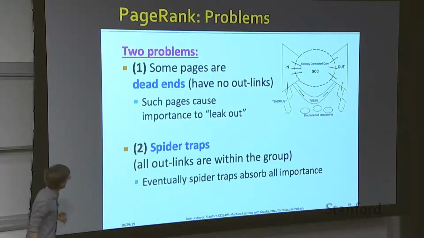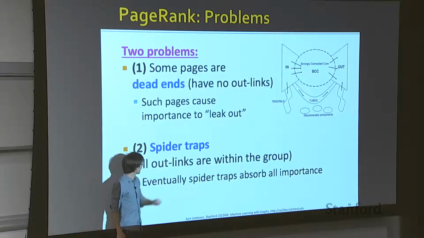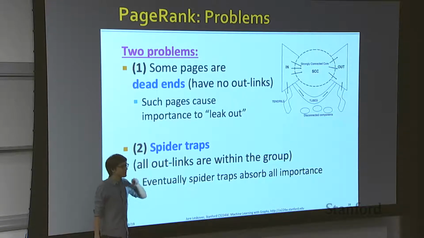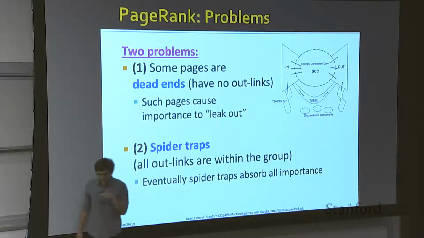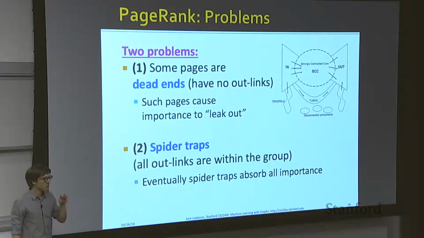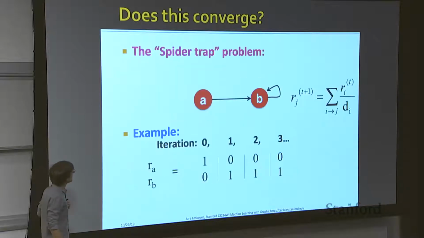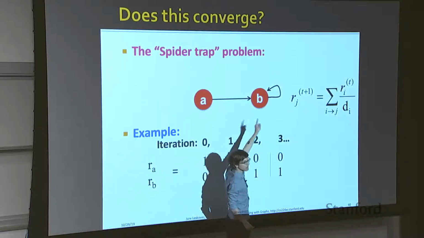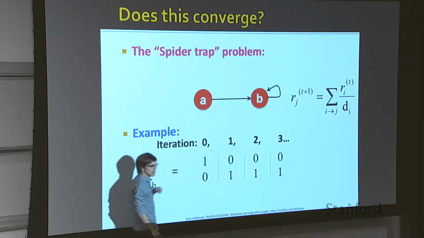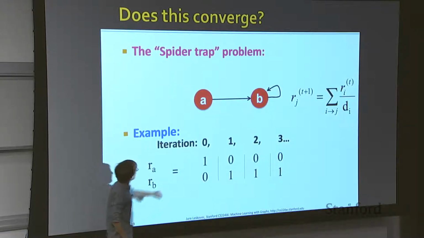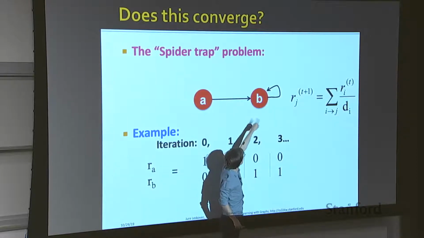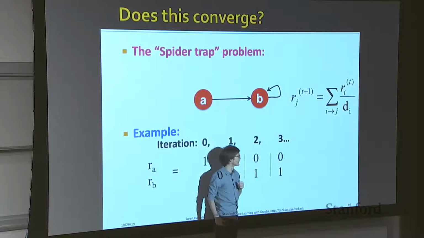There is another problem, which is called spider traps. These are basically cycles where the random walker gets trapped. This means that eventually the spider trap will absorb all importance. Let me give you an example. Here is a spider trap problem. Imagine I have this graph where there is a self loop in B. A random surfer starts somewhere, but as soon as the random surfer navigates to node B, it gets trapped in node B all the time.